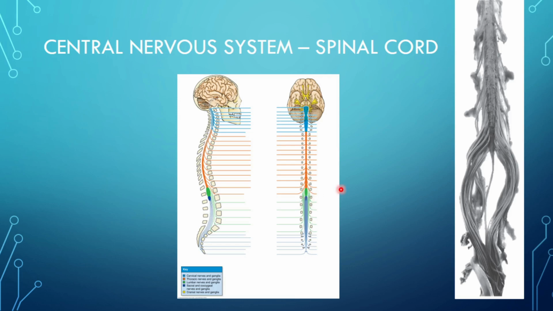Ends in this little cone shape. We can see it better on this dissection, so you can see how the spinal cord is quite thick as it runs down, and then it starts to taper and taper and taper to a very fine little structure that anchors it to the end of the vertebral column. That's the filum terminale if you're interested.